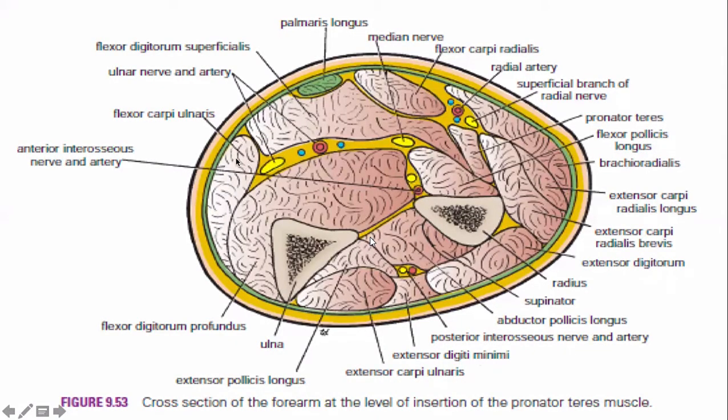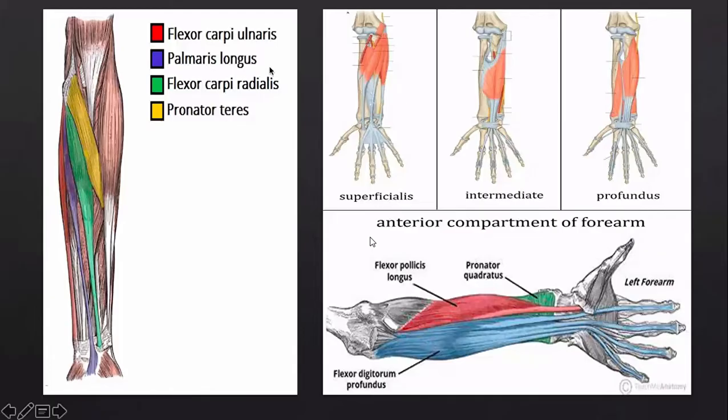So this is the superficial group of muscles: flexor carpi ulnaris, palmaris longus, flexor carpi radialis, and pronator teres.